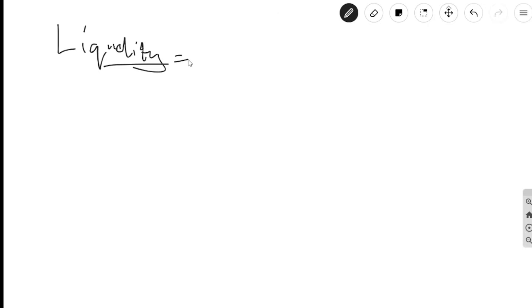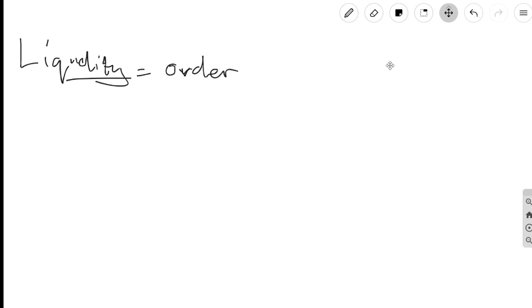But based on what I have learned and based on my experience, liquidity is simply orders. What are these orders?